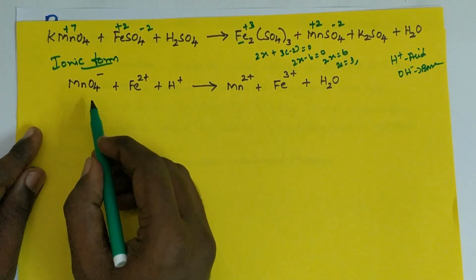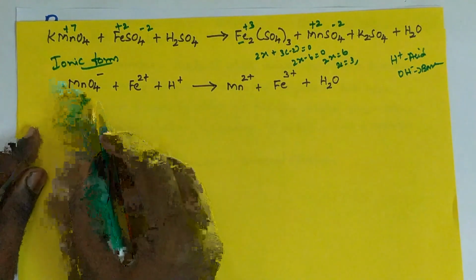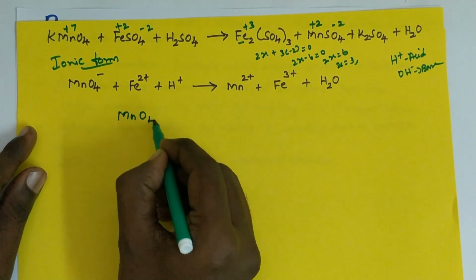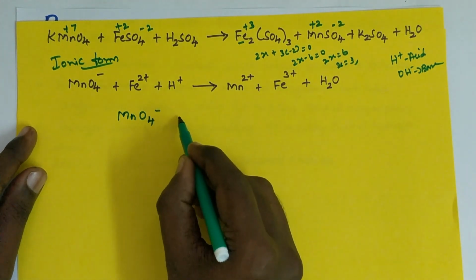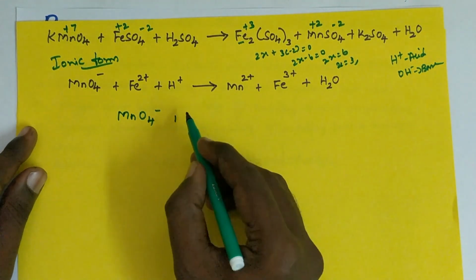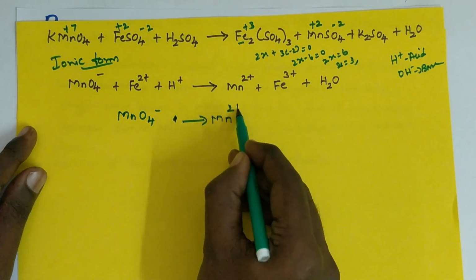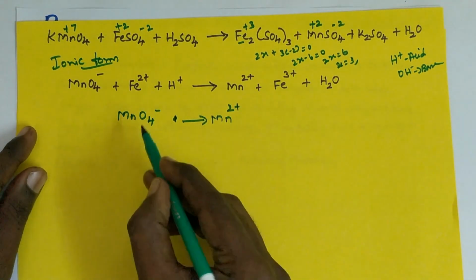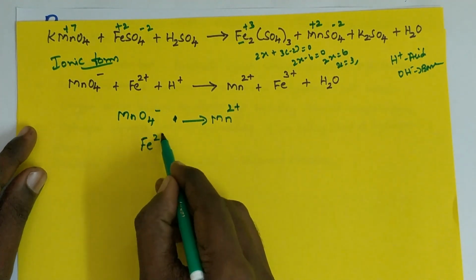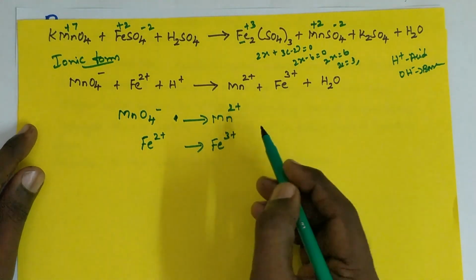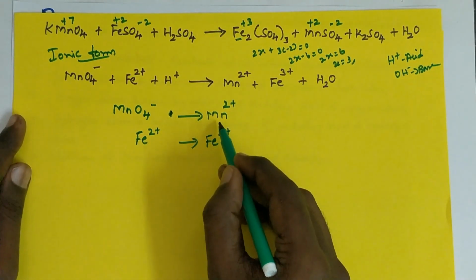In the second step, we have to write the half equations. The first half equation: MnO4 minus is converted into Mn2 plus. Next, Fe2 plus is converted into Fe3 plus.